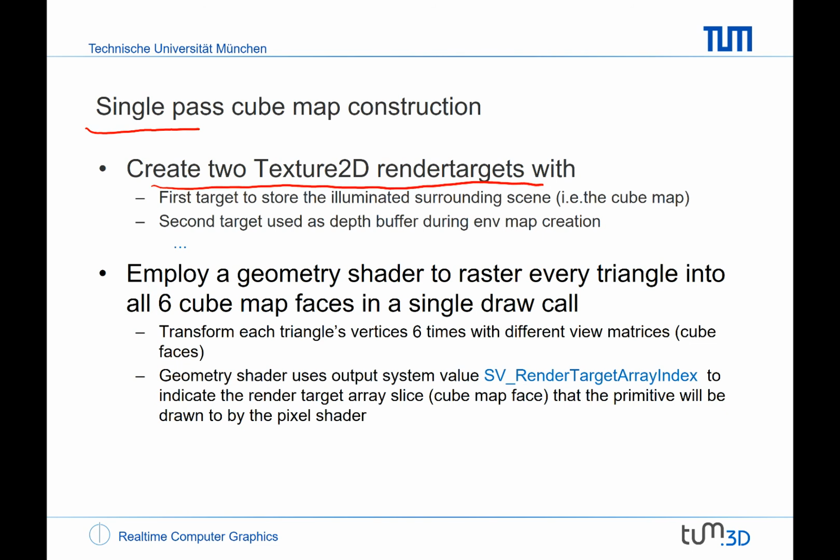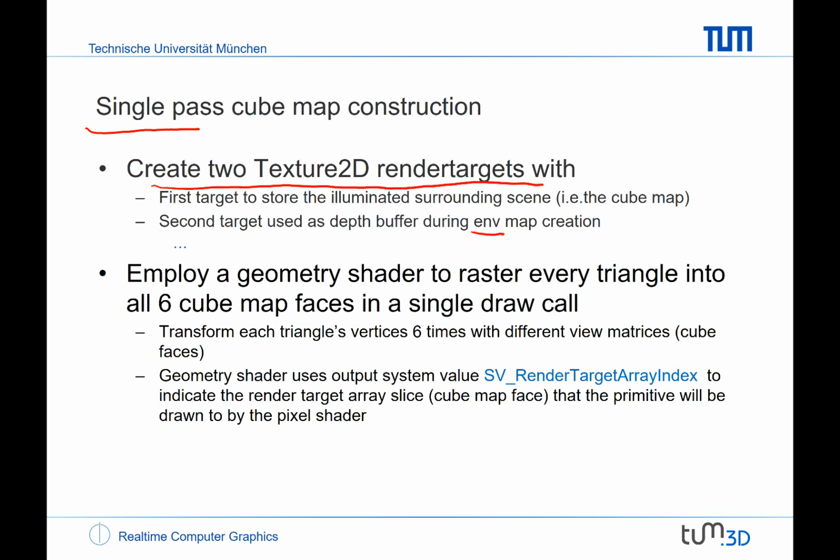The first target stores the illuminated surrounding scene, the cube map content. But we also need a second render target, because for each of the cube map faces we need a separate depth buffer to resolve the visibility during cube map creation. Sometimes we also call this cube map the env map, the environment map.